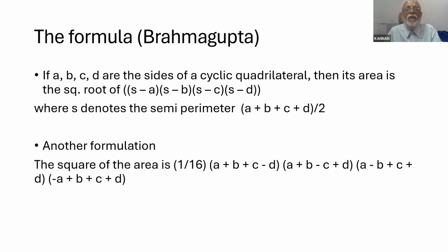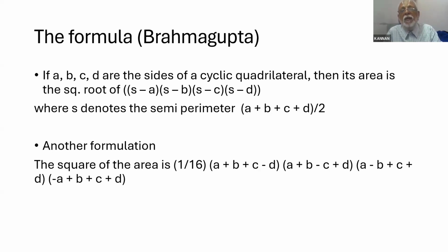What is a cyclic quadrilateral? A quadrilateral which is inscribed in a circle. That is, take 4 points on a circle with them as vertices of a quadrilateral. If a quadrilateral is drawn, it is called a cyclic quadrilateral.